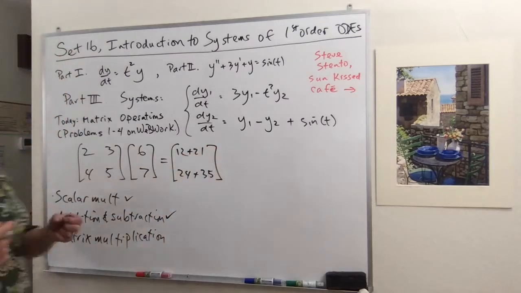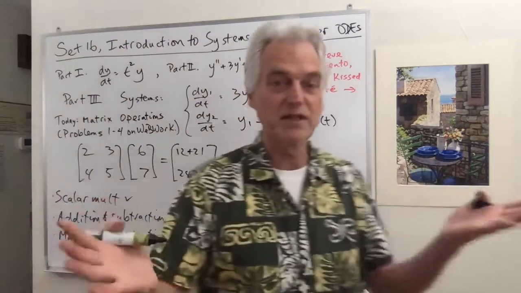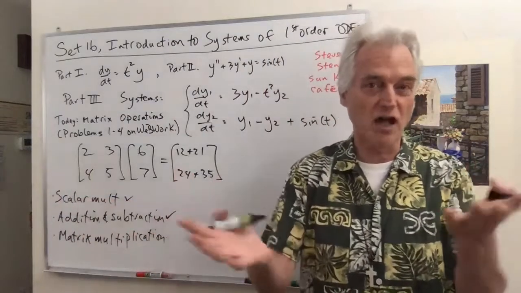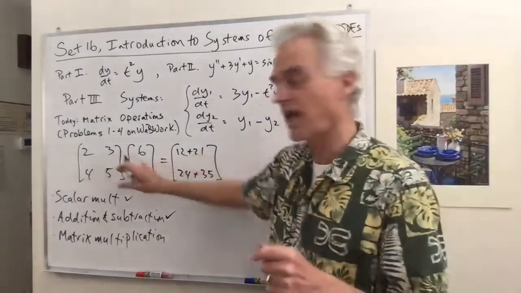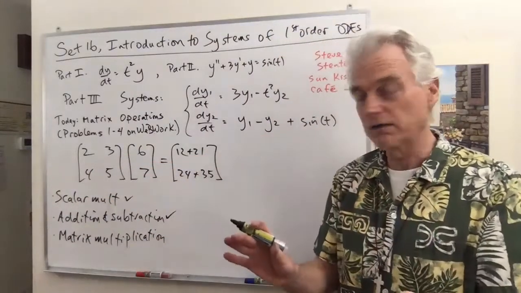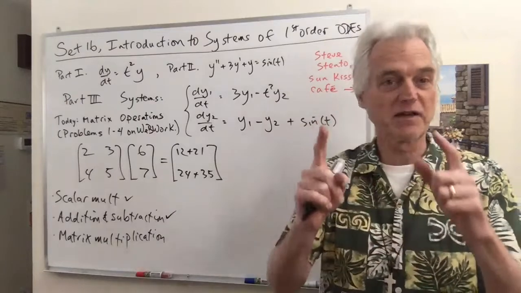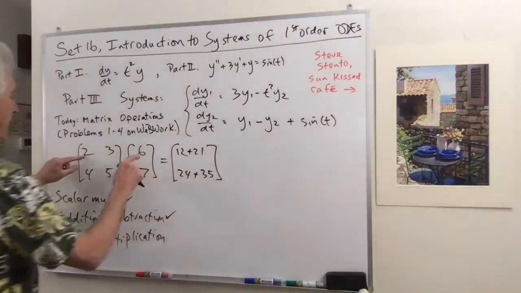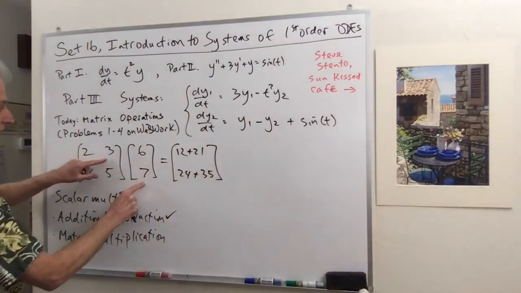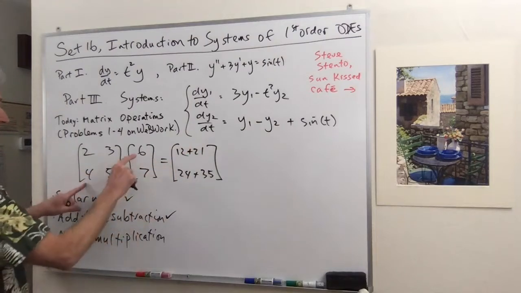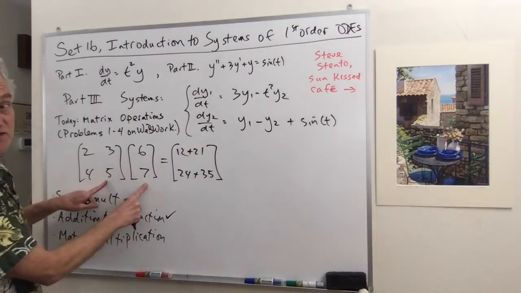Okay, and in order for me to do matrix multiplication, I almost always have to write them down in the order that they are and use my fingers, right? I do that times that plus that times that. That's the first component. That times that plus that times that. That's the second.